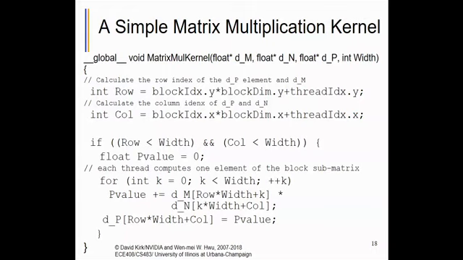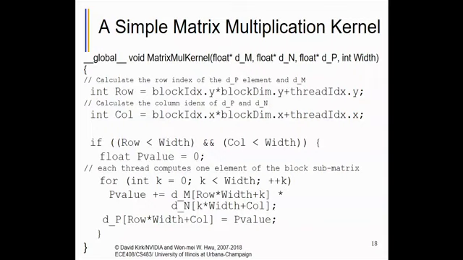The way you can visualize this: if we had truly two-dimensional notation for accessing M, N, and P, we would be accessing M with row, k, N with k, column, and P with row, column as the two-dimensional indexing. Then you convert that into the linearized index through row major layout, and that gives you the code.